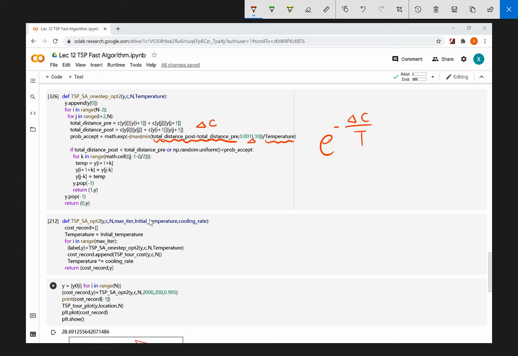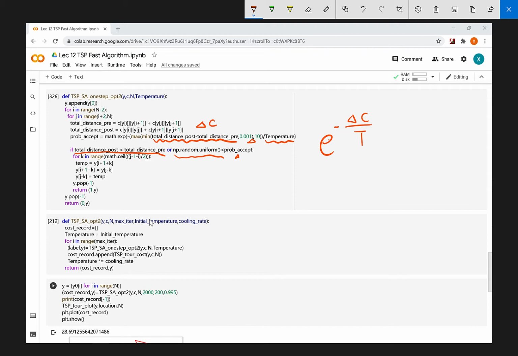If our distance after the swap operation is improved, we will accept and implement the swap operation, or we generate a uniform distribution and then compare it with the probability threshold of our Bernoulli distribution to generate the Bernoulli distribution.